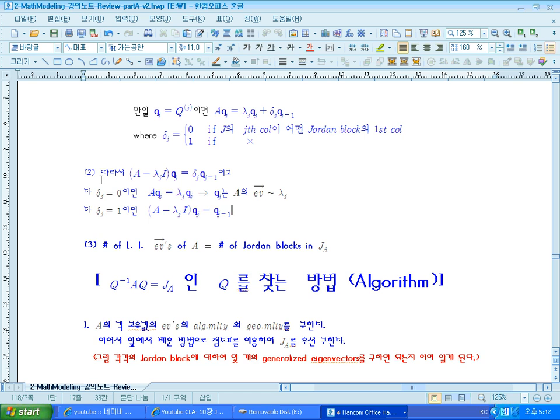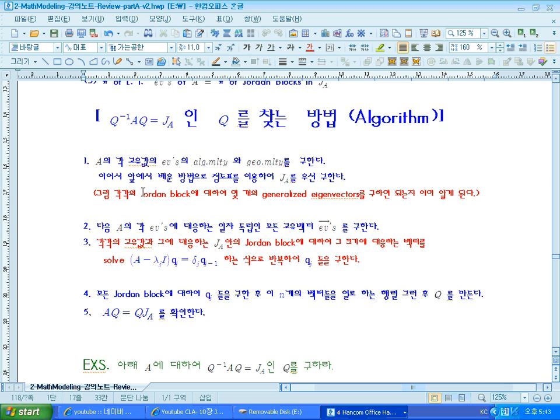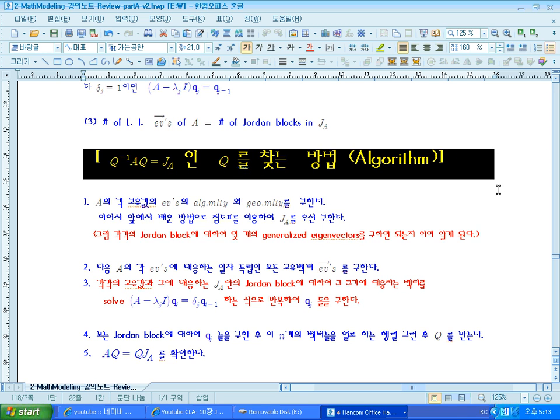If we have a certain number of linearly independent eigenvectors for the corresponding distinct eigenvalue lambda j, then we can construct other independent vectors from the given eigenvectors to fill out the empty spots of the remaining columns of Q. And this concludes the algorithm.